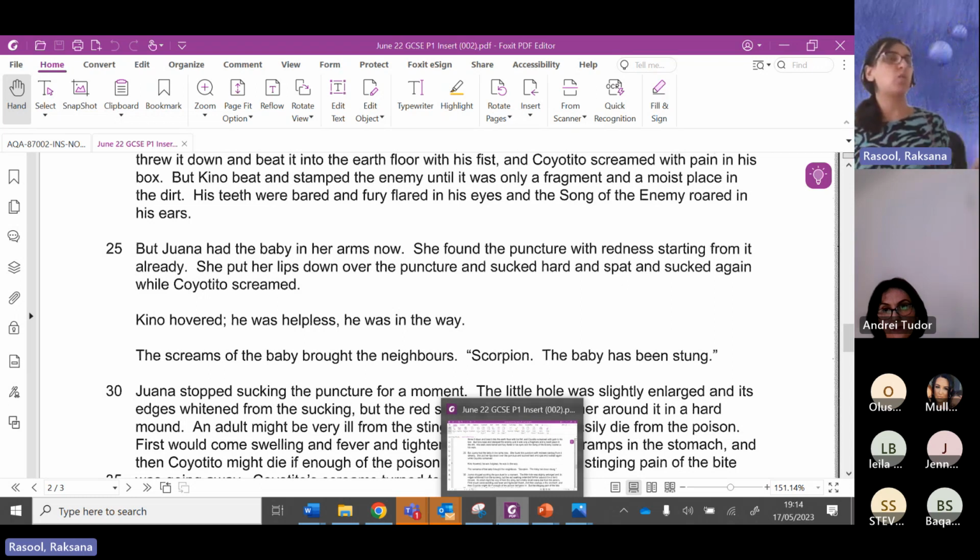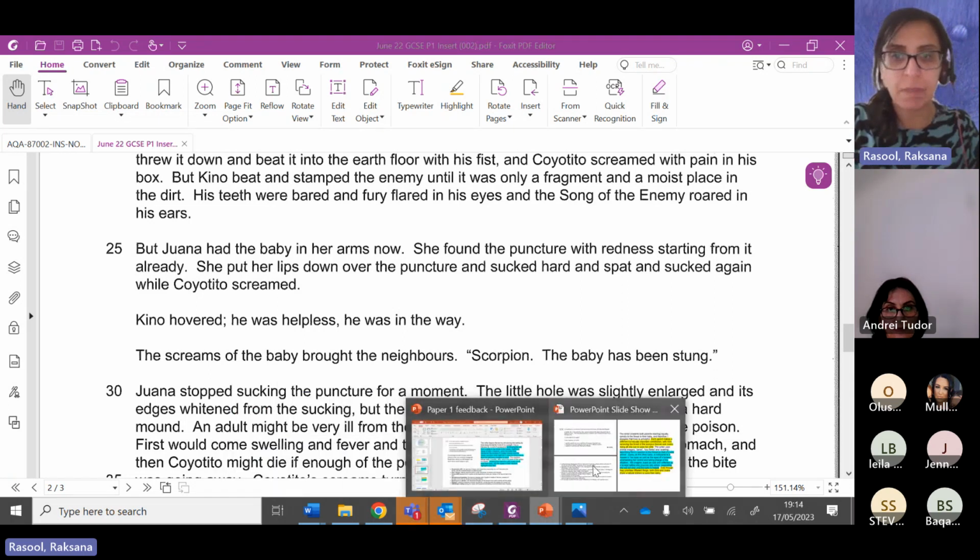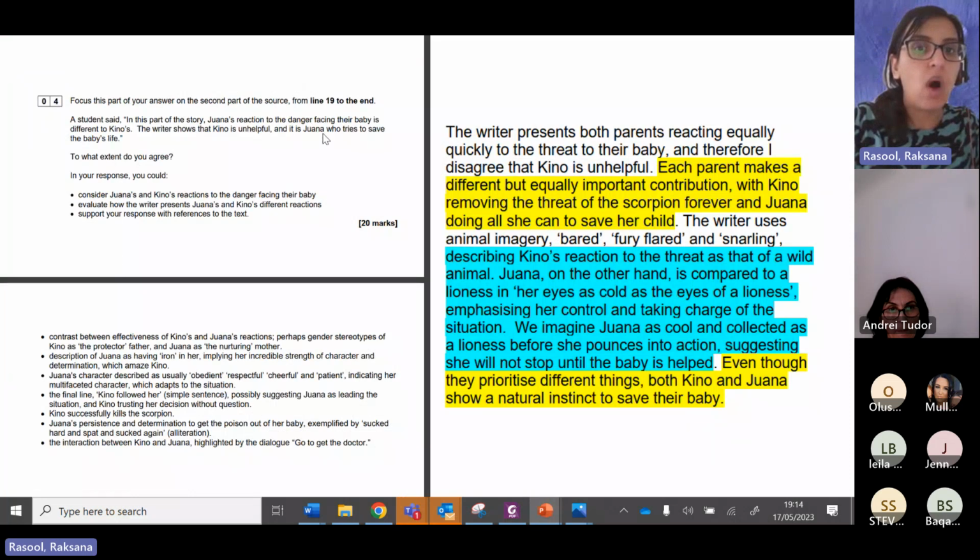As long as you can justify what you are saying and apply it to the question, because the question is specifically about, okay, Juana tries to save the baby's life. He's unhelpful in saving the baby's life. Do you agree to that? So you could argue correctly that although he feels helpless and he's hovering, by supporting his wife, he's giving her the strength to have that iron will and the eyes, comparing her to a lioness.